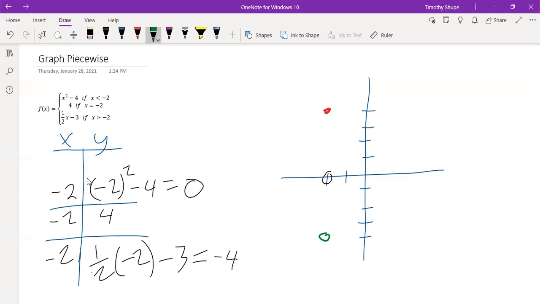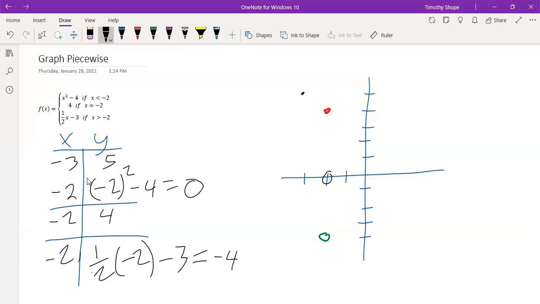Now, if we want to fill in the rest of this graph, we could choose a couple more values of x to plug in. For this first piece, I'm going to choose anything that's less than -2, so maybe I plug in a -3. -3 squared is 9, and 9 minus 4 is 5. So I'm going to go left 3 and up 5. I recognize that x squared minus 4 is a parabola, so I don't want to connect these with a straight line.